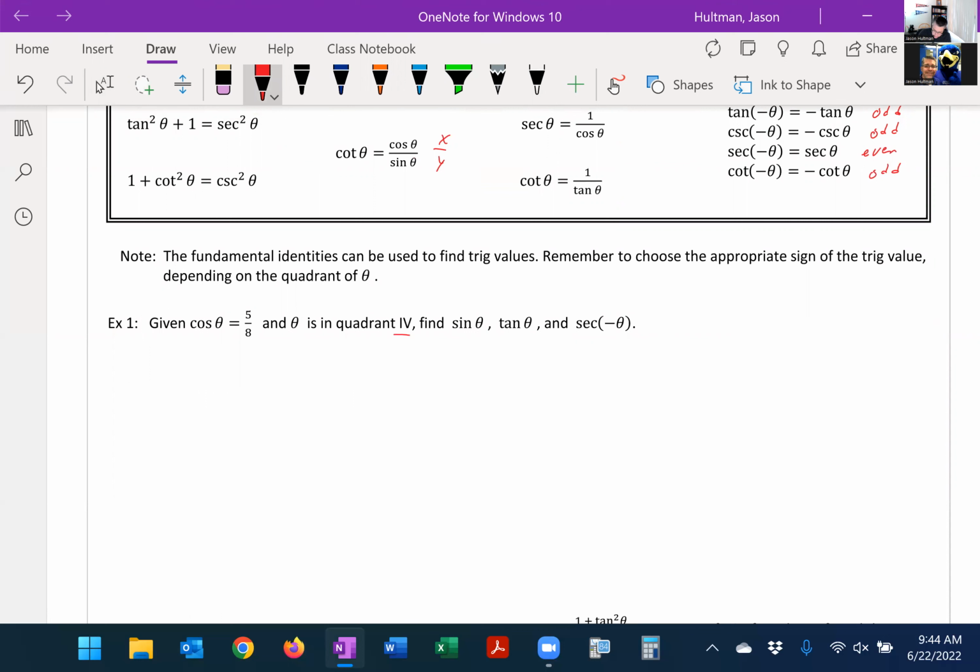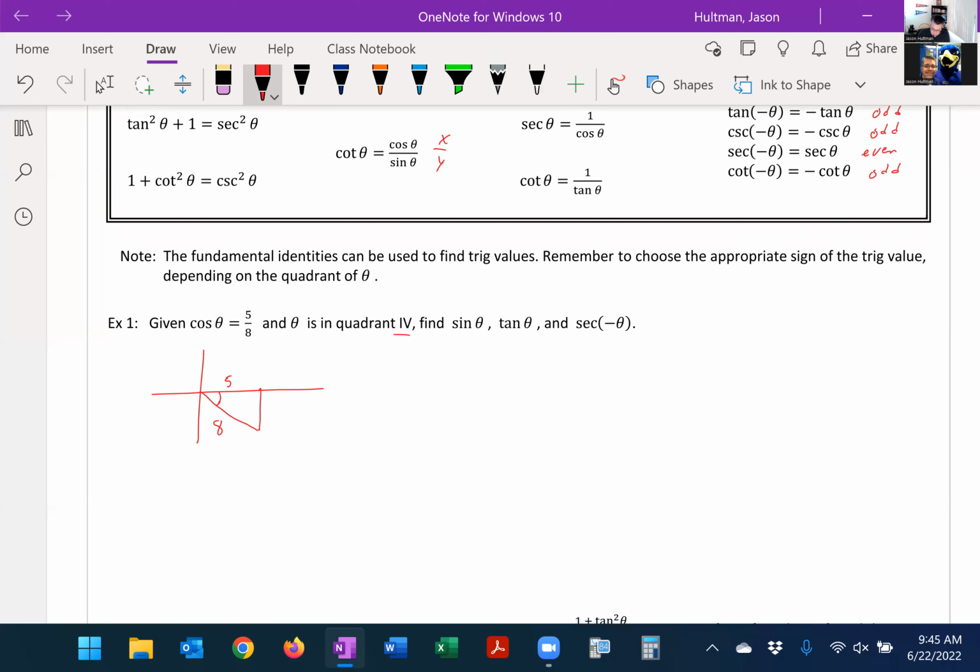So what does it mean that theta is in quadrant 4? It means that if I were to draw a graph and have my angle here, then cosine is adjacent over hypotenuse. And so the adjacent side is 5 and the hypotenuse is 8.